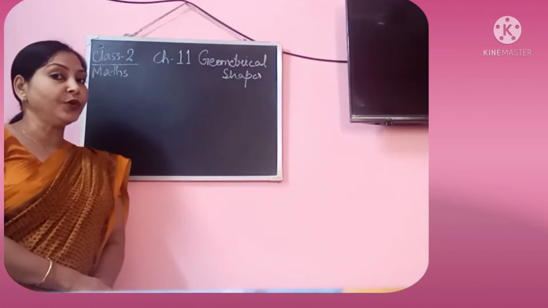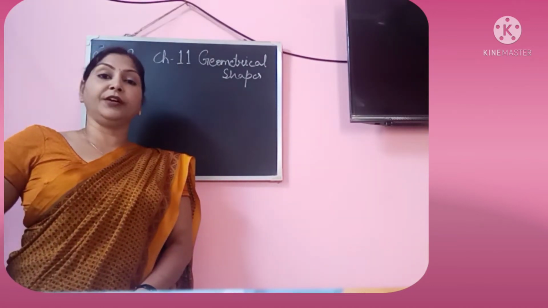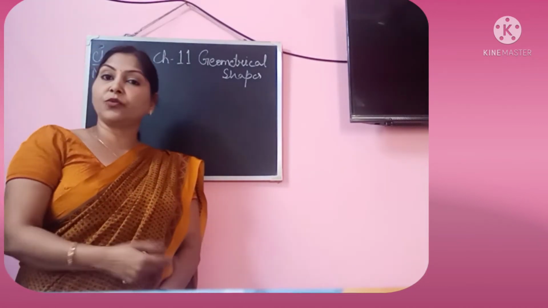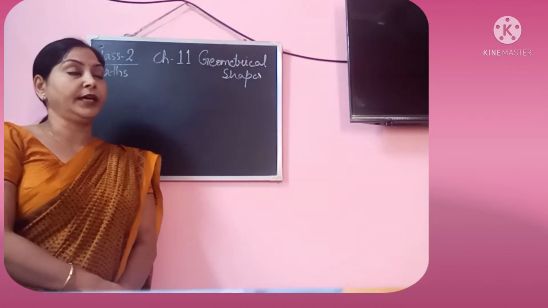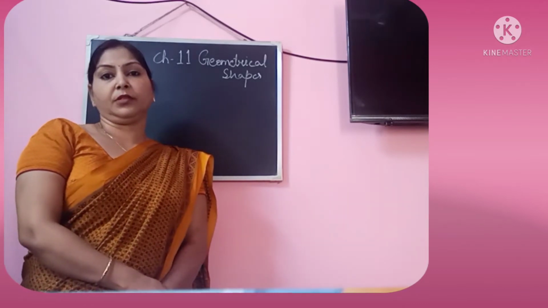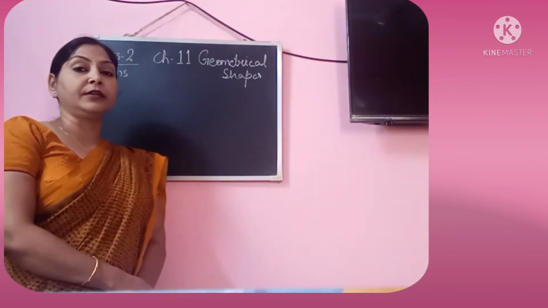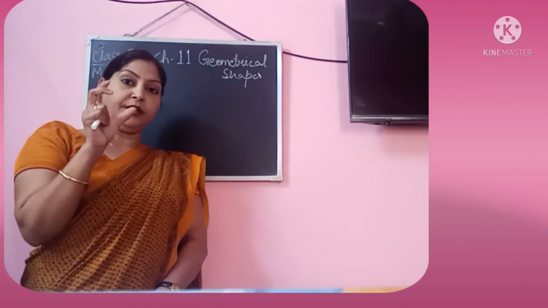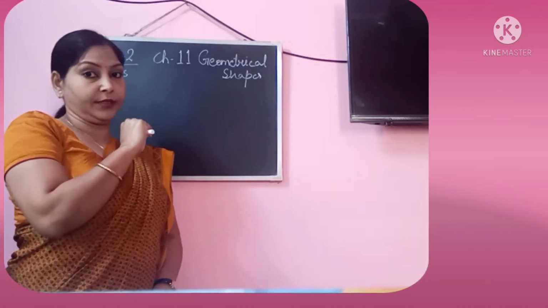In order to draw any figure, whether it is a square, a rectangle, a triangle, a circle or any other shape, we start to make these shapes with one particular point.